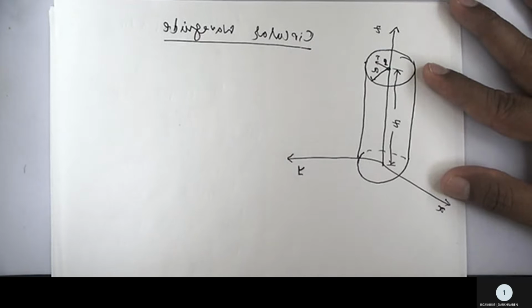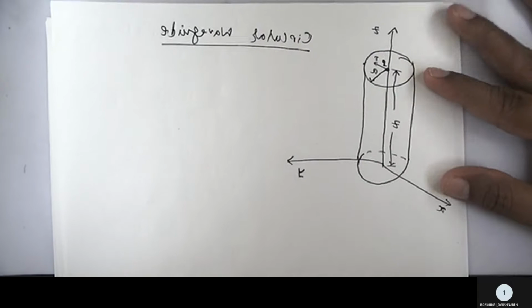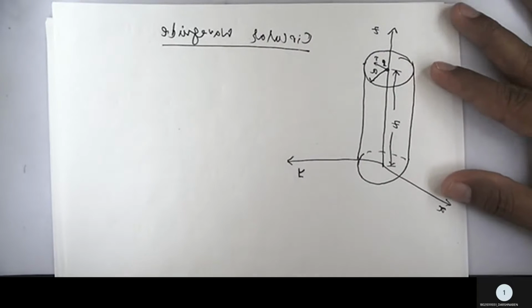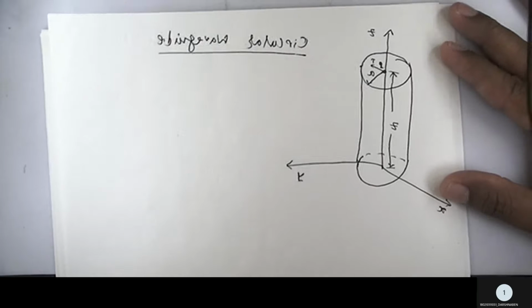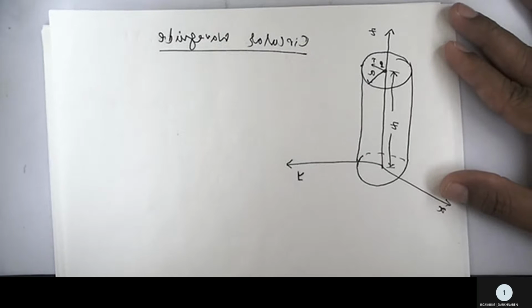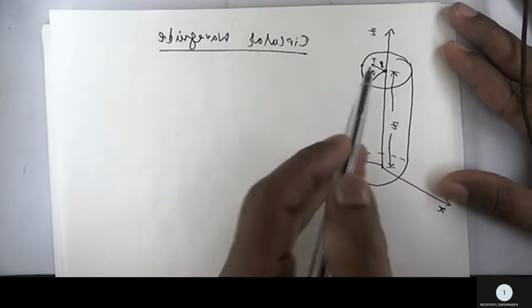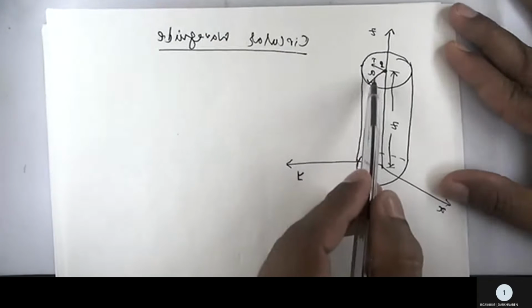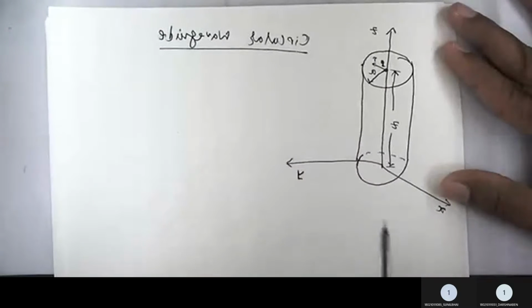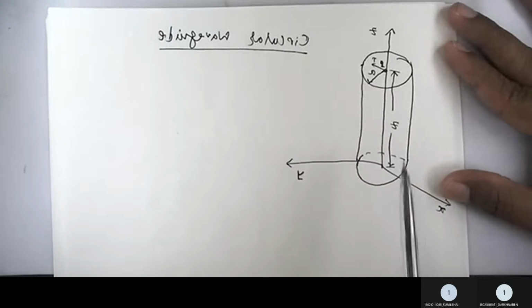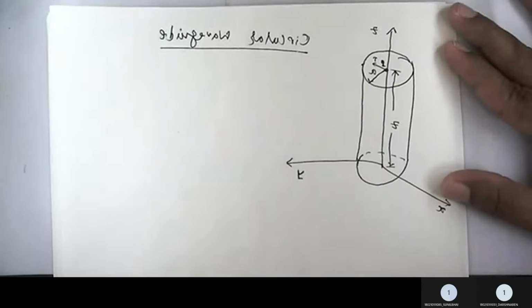As you all know, a circular waveguide, as the name itself suggests, has a circular shape. Here we have used the circular waveguide with inner radius a, while the total length of this circular waveguide is z, for example.